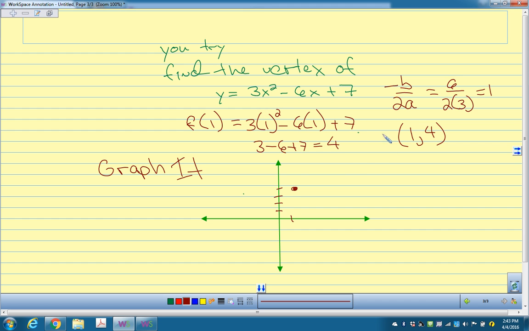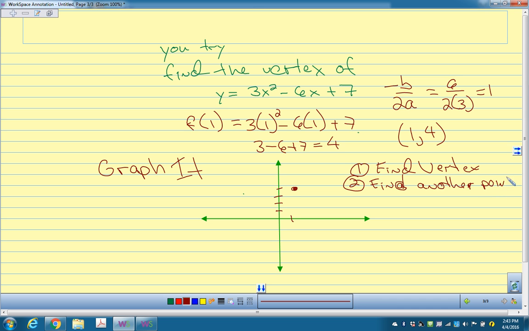Easy point to pick. So to graph it, you have to, one, find the vertex, and two, find another point.